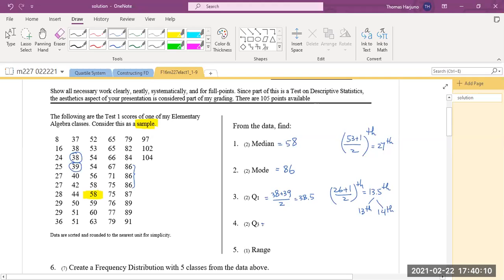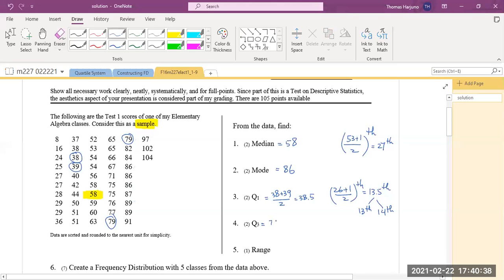How about the third quartile? Same thing, 13 and 14 from the top. From the top, you will see data number 13 from the top is 79. You can count it: 1, 2, 3, 4, 5, 6, 7, 8, 9, 10, 11, 12, 13, and 14. Right? So data number 13 and 14 are both 79.